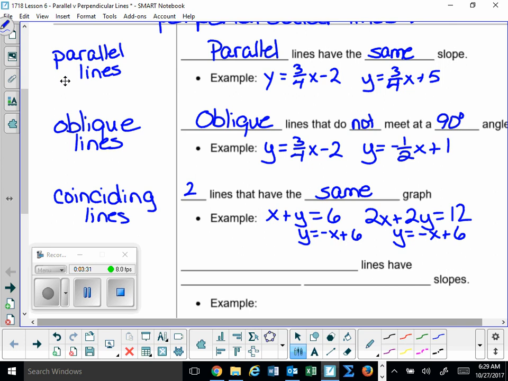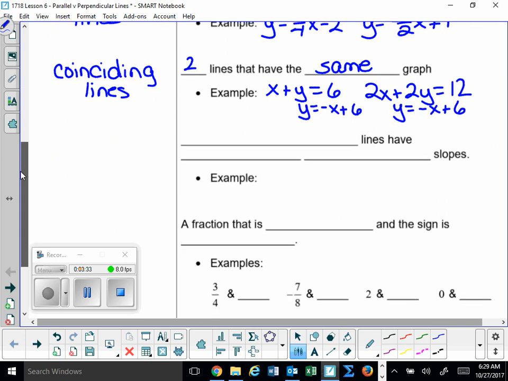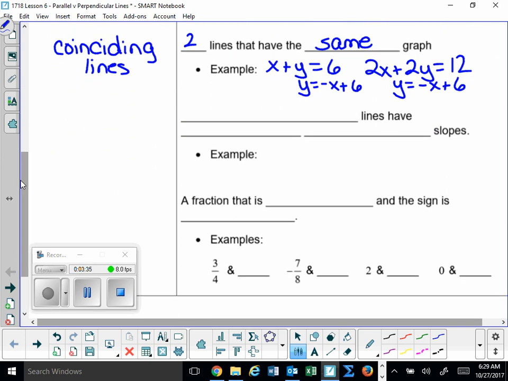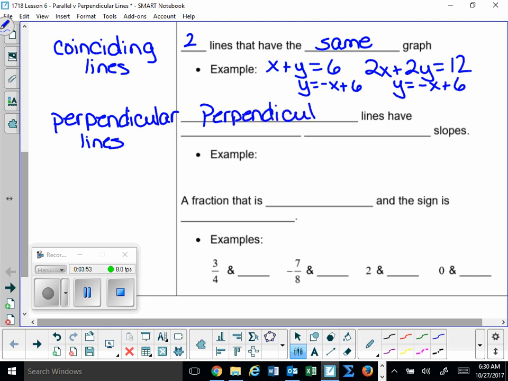And our friends, perpendicular lines. Perpendicular lines have opposite reciprocal slopes.